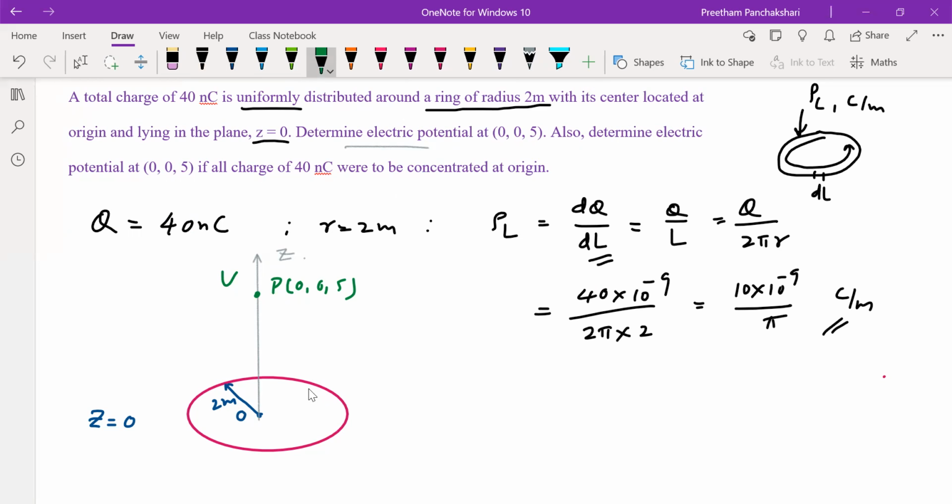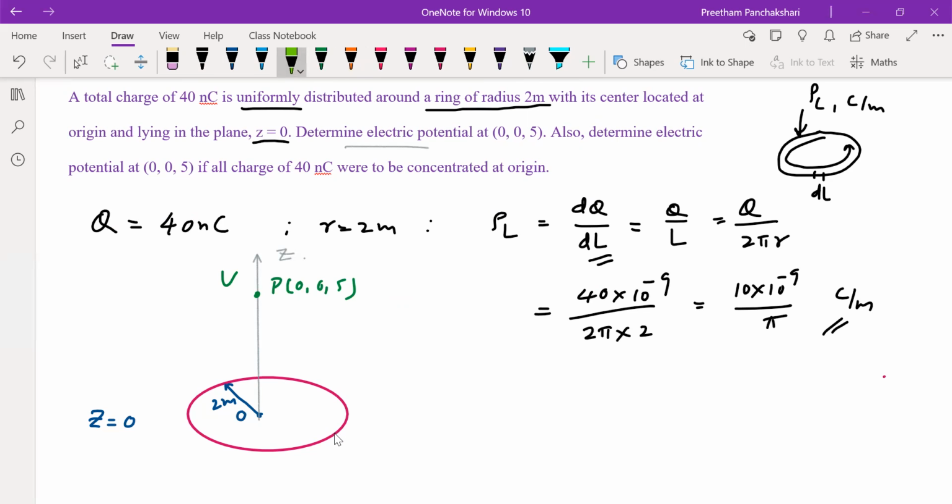So we are going to take up now the circular ring. Since a circular ring is also a line charge, we are going to adapt the same method here. We shall make use of the differential condition.